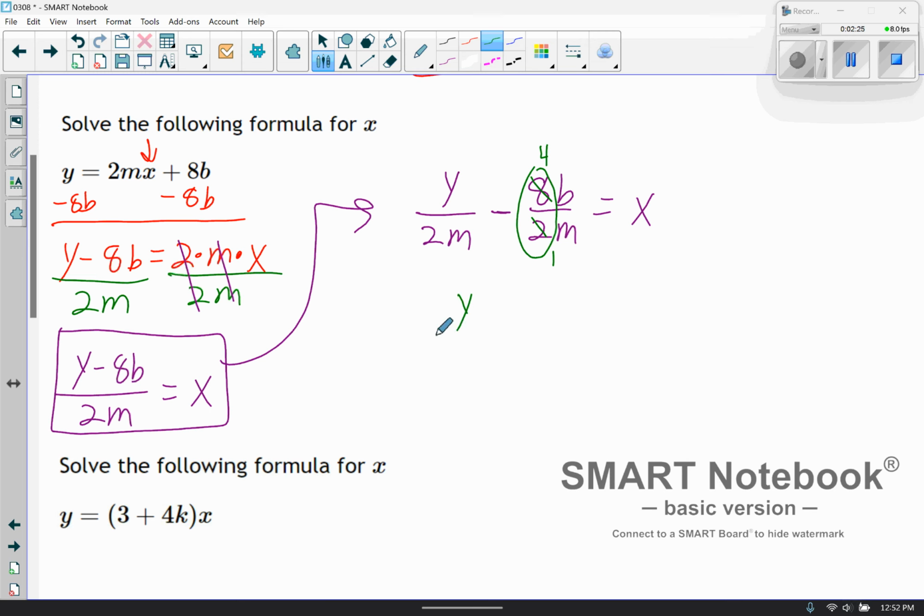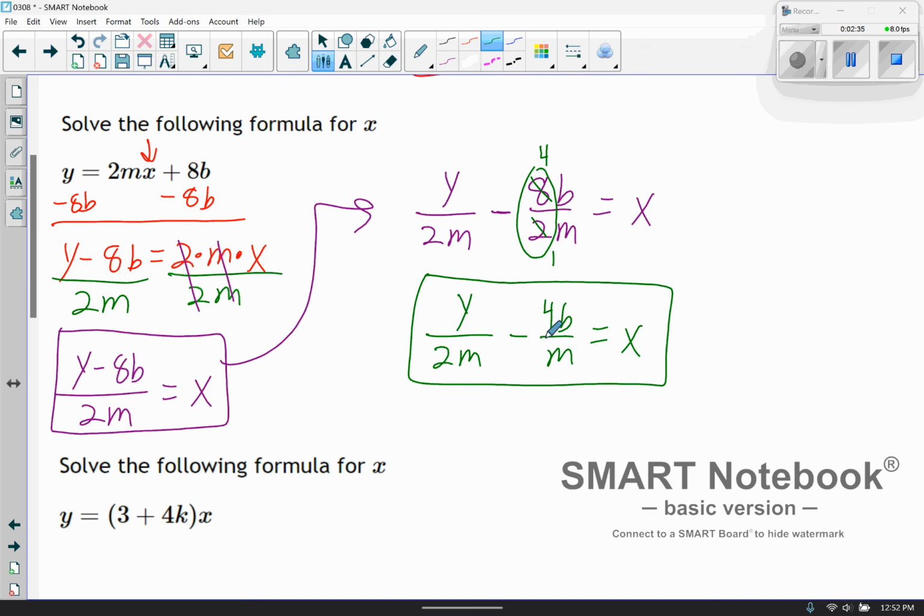So I'd end up with y over 2m minus 4b over m. Now, I'm not trying to confuse you, but this is another way you could represent your answer right here in solving for x. Either one's fine. I kind of like the first one better because I have a single fraction instead of two fractions, but I just wanted to throw that out there.